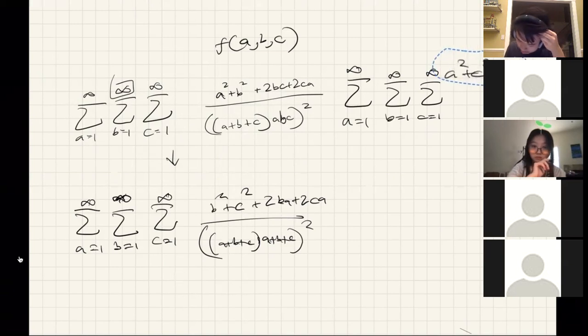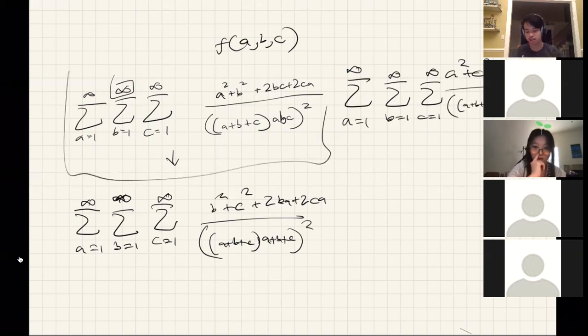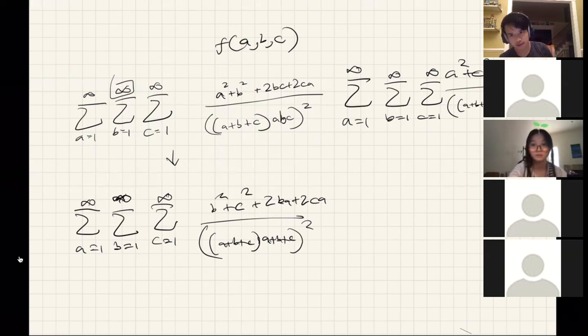Hold on, give me more room. There we go. Okay, so for all these sums, notice that we're just swapping the order of the variables here. Since they're all summed in the same range, we're going to end up with three sums that all evaluate to the same quantity.